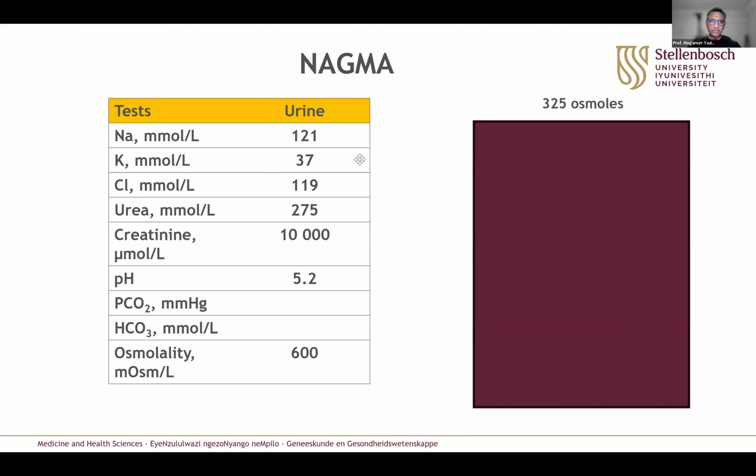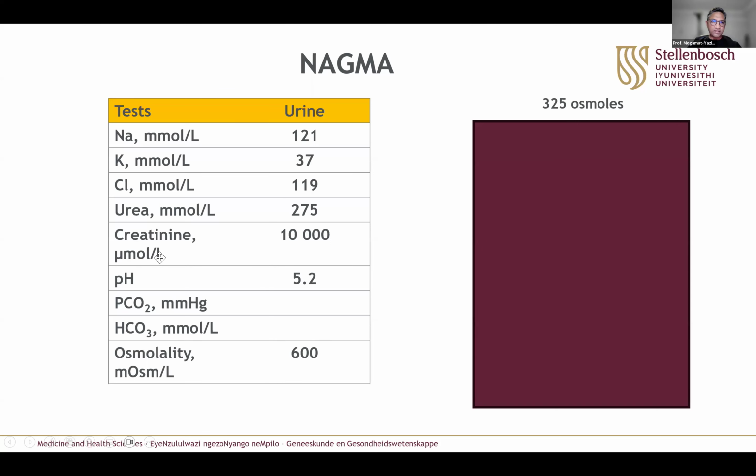So you can see in our urine sample here, we also have urea, which is a non-charged organic particle. And we have the total urine osmolality here of 600. So we should subtract the 275, which is a non-charged particle, in this case urea, from the 600. Sometimes there may be glycosuria, and you need to subtract that concentration as well from this osmolality.